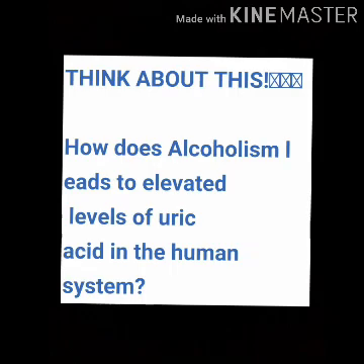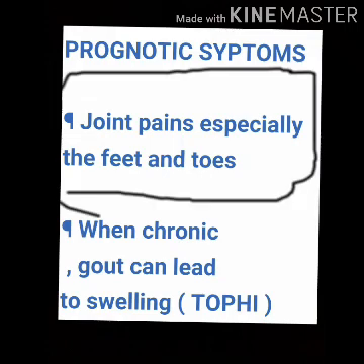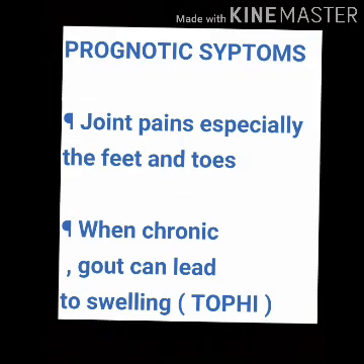Having known how alcohol causes gout, we have to see the symptoms of how gout looks. You have joint pains, especially in the feet and in the toes. When the gout becomes chronic, it can lead to swelling, which is tophi. I hope you don't confuse this with edema.